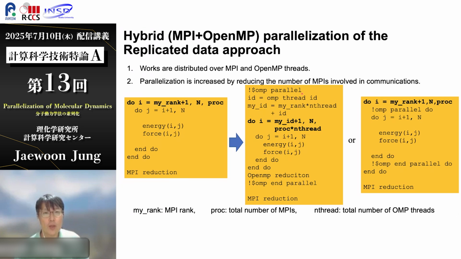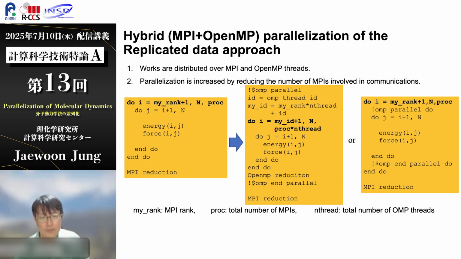Using this OpenMP parallel, inside each MPI process we can obtain a specific thread ID number. By combining our own rank number and thread number, we can obtain an ID number for each core. And using this ID number and the total number of processors, MPI processes times OpenMP threads, you can parallelize in this way too.